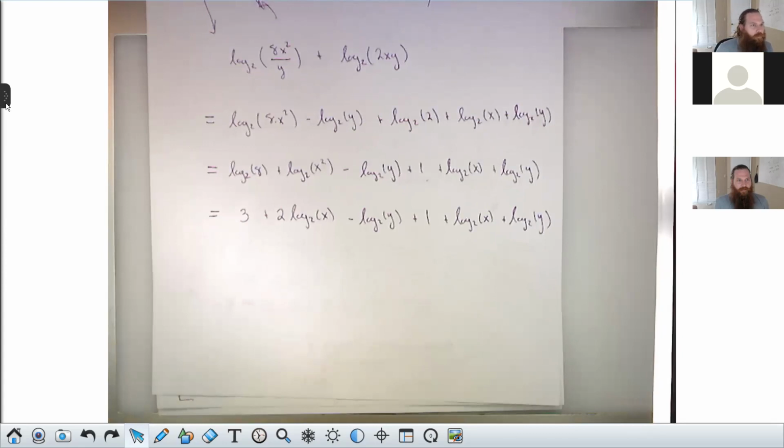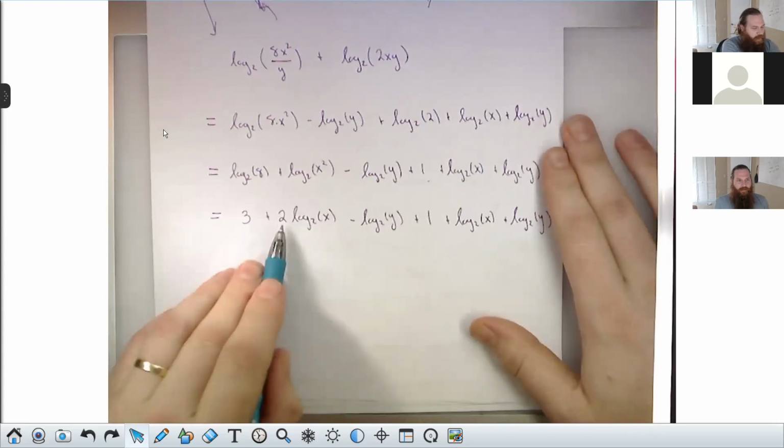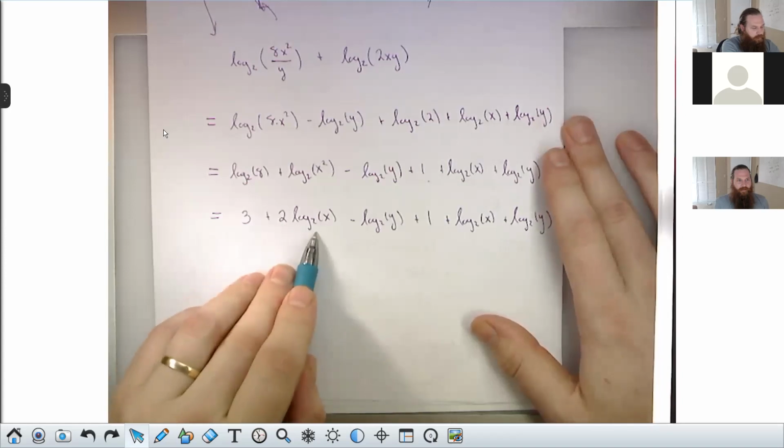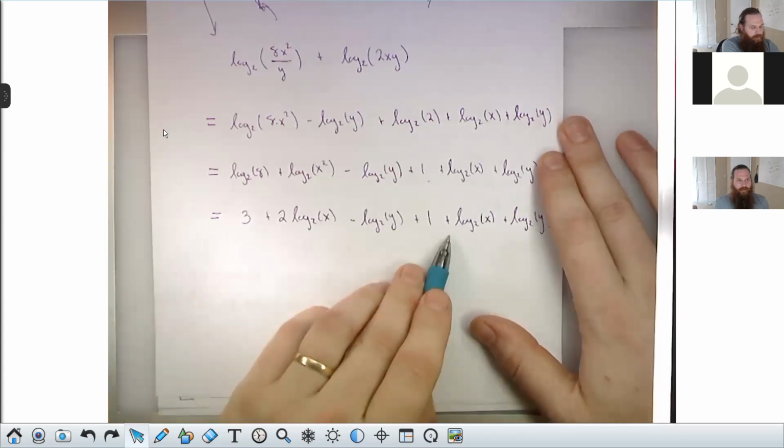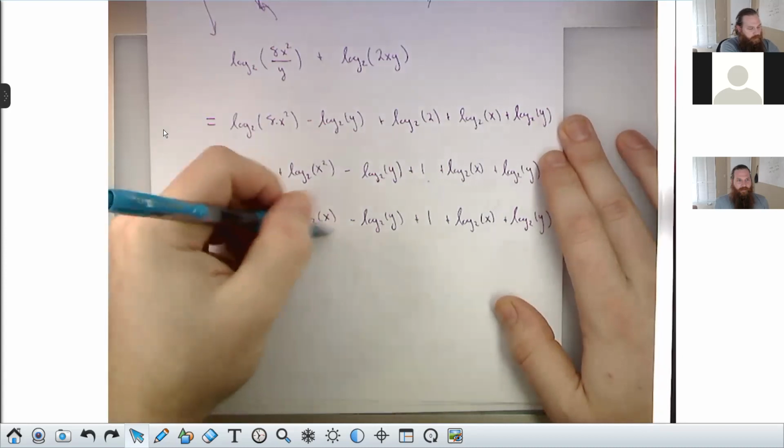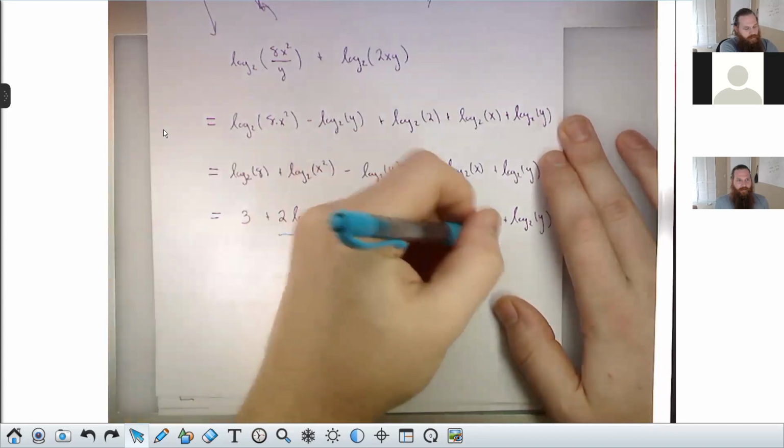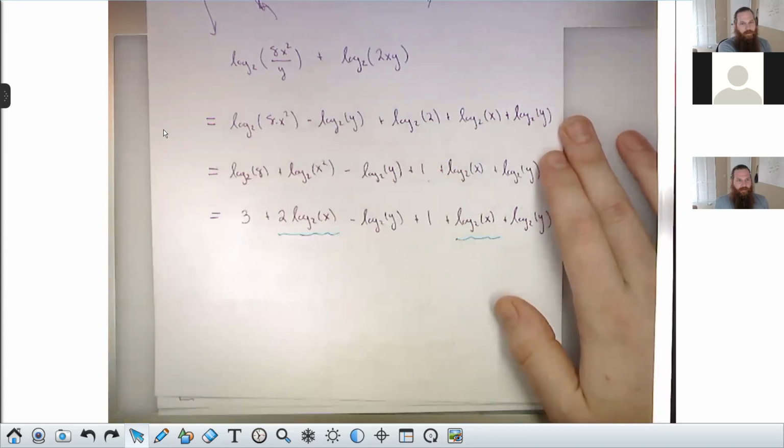So yeah, okay, there is something here. Brooks, combine the base 2 log of x terms and the base 2 log of y terms. So either way is correct, yes. Here I have 2 copies of the base 2 log of x plus 1 copy of the base 2 log of x, so this and this can be combined.